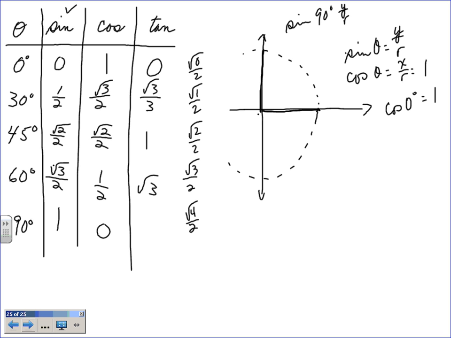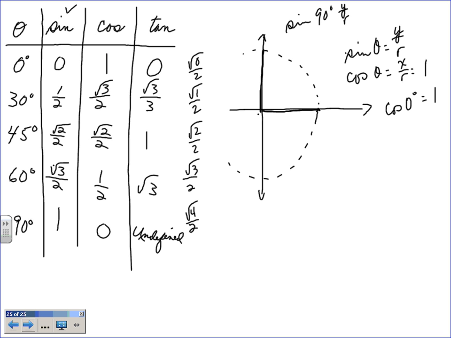And for 90 degrees, it's sine over cosine, 1 over 0, so it is undefined, not 0. So tangent of 90 degrees is undefined.